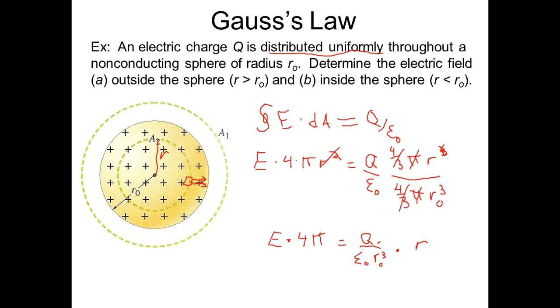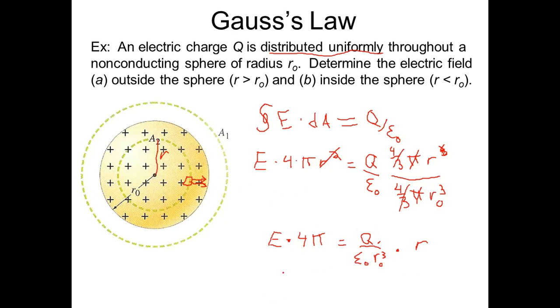And of course I can move the 4 pi over here. The reason I separated the r out is because I want you to look at this Q over epsilon naught r naught cubed. Can you see that all this is a constant? And we're almost done here. You see all this is a constant here?